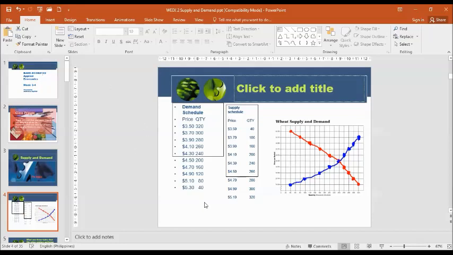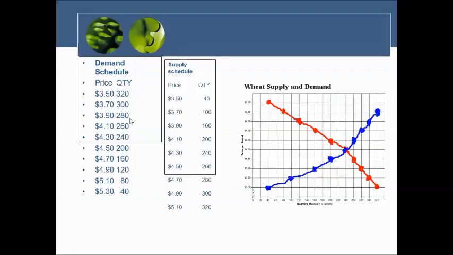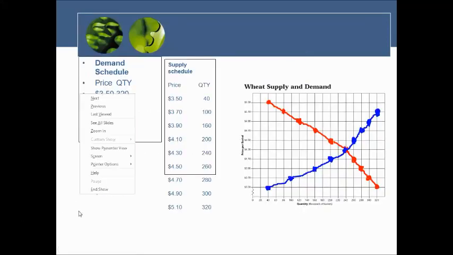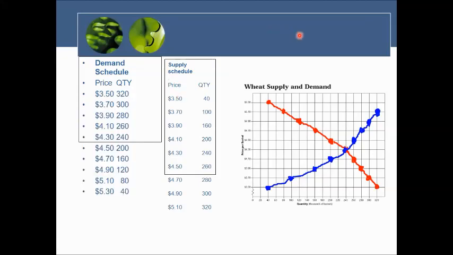So here, there is a demand schedule and the supply schedule. This is an example of the supply and demand of wheat.